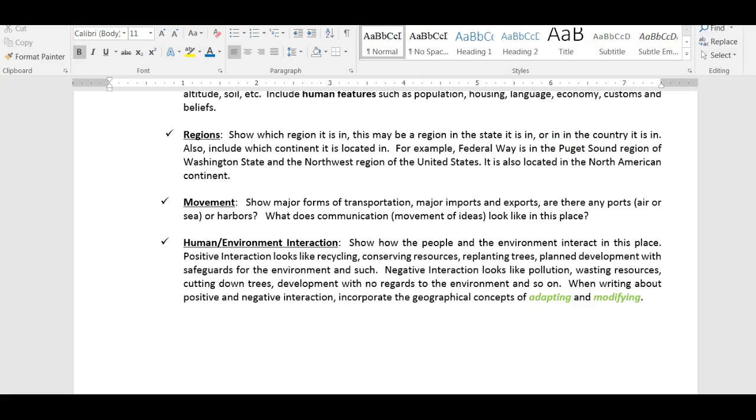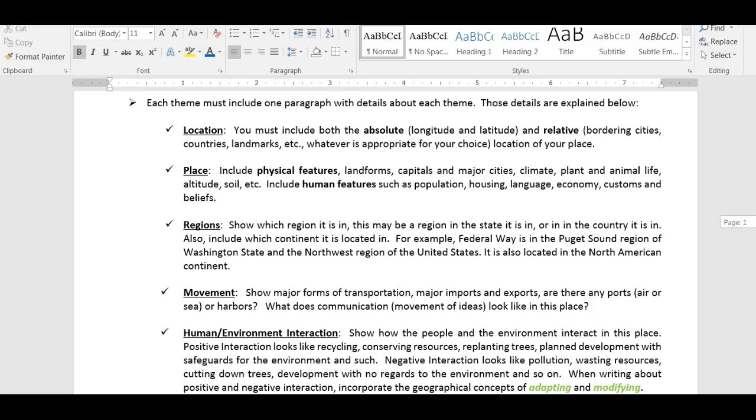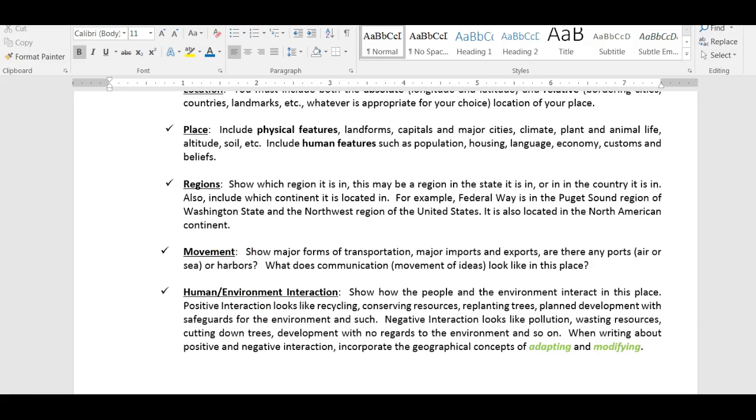The point of the project is you showing me what you understand about the 5 themes of geography related to the place that you chose, which is Legoland. So you're going to have to do a little bit more digging for information on each of these 5 themes, okay?